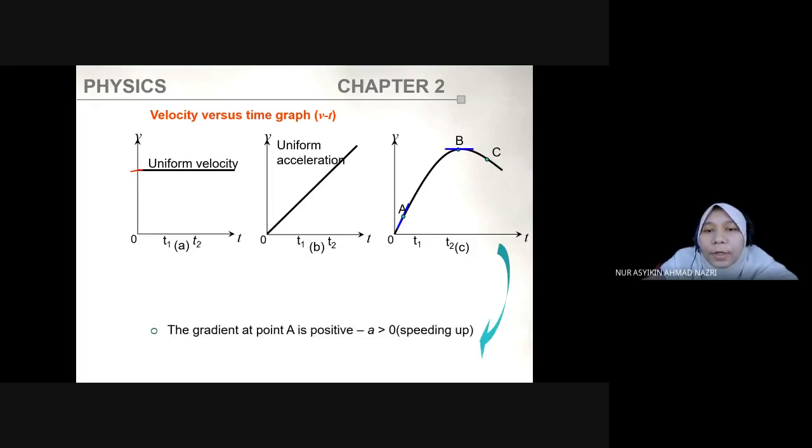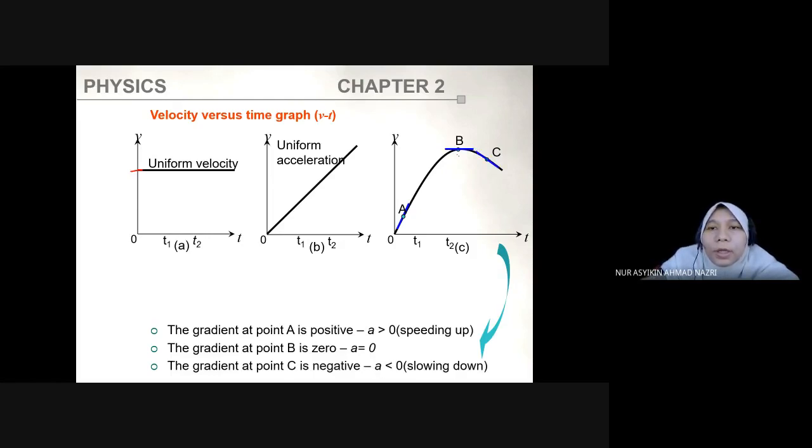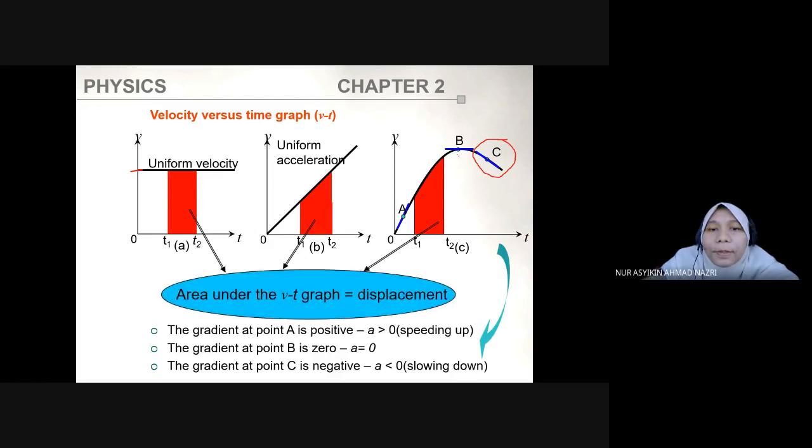Okay, accelerate lah. Dekat B masih sama. Zero velocity, zero acceleration. Untuk C, dah start slowing down. Okay, so here dia kata area under the graph, kita boleh dapat displacement dia.